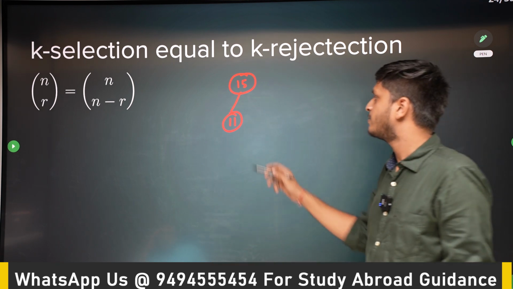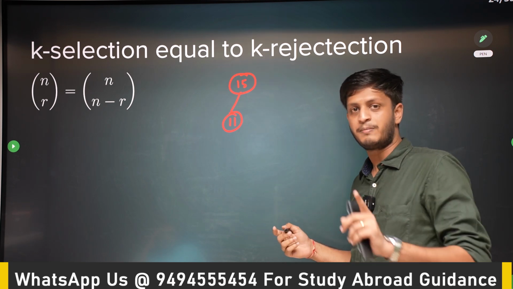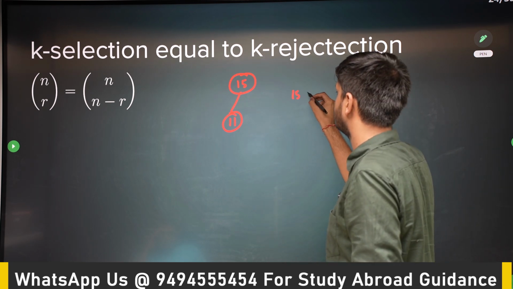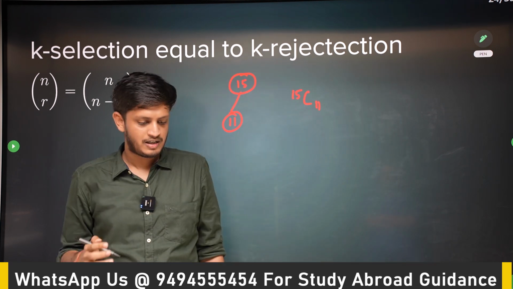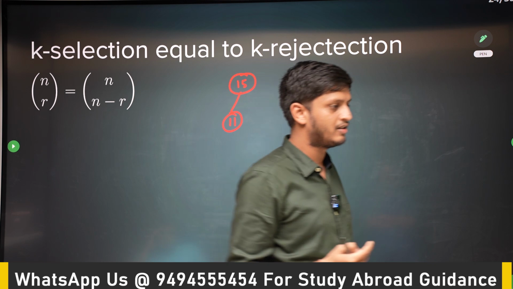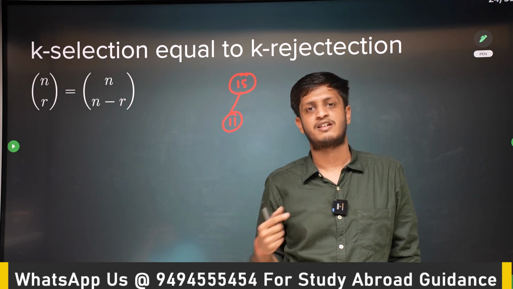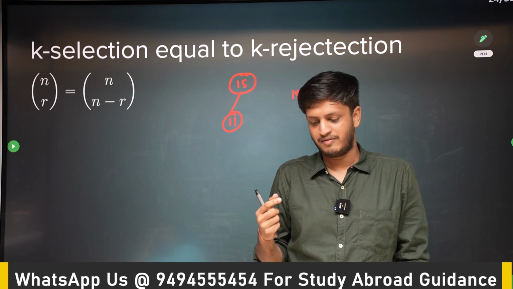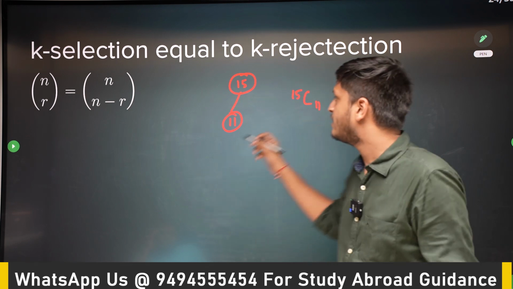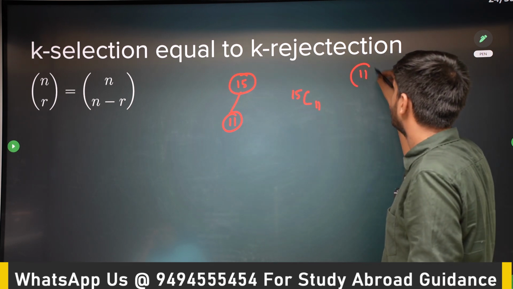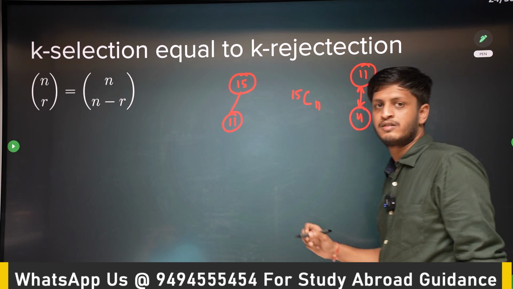The number of ways in which we can select a team of 11 people out of 15 for one match is 15C11. We know that. But think about it. Every time you are making a selection, you are also making a rejection. When you select 11 people, 4 people remain. So every selection of 11 people is equivalent to a rejection of 4 people.